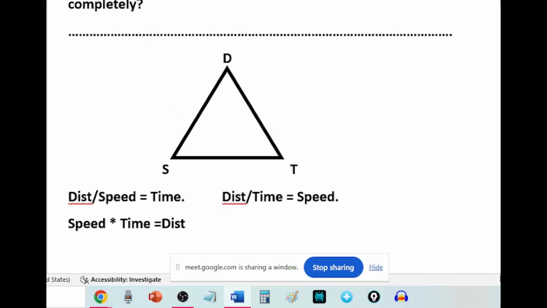If I draw this, there is a fraction line, distance by speed, distance by time, and these two are multiplication. So this will help you to remember the formula. Okay?